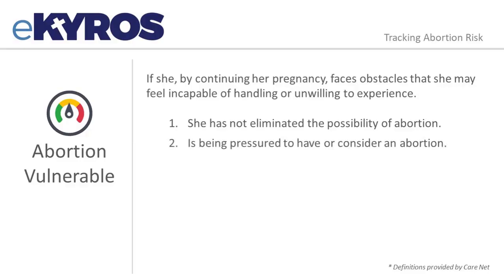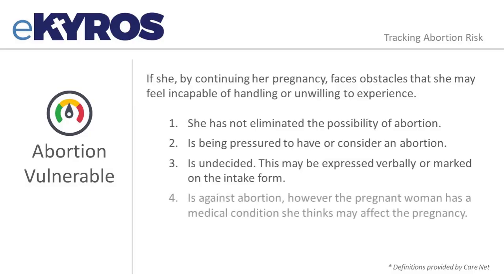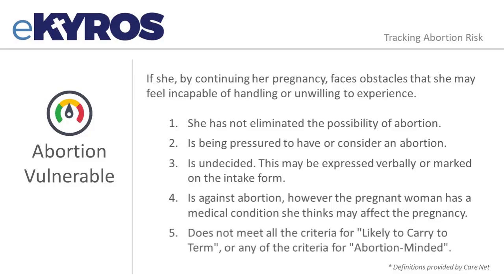Number two, she is being pressured to have or consider an abortion. Number three, she's undecided, and this may be expressed verbally or marked on her intake form. Number four, she's against abortion, however, the pregnant woman has a medical condition that she feels may affect the pregnancy. Or number five, she does not meet all of the criteria for likely to carry to term or any of the criteria for abortion-minded.